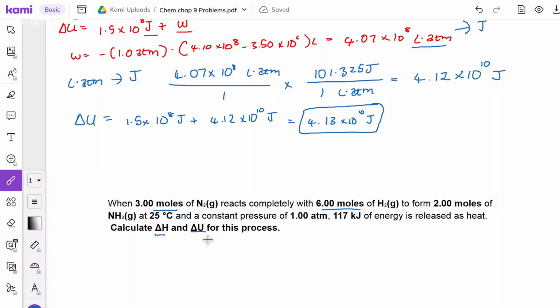Remember, the internal energy is Q plus W, and we have to find work. Earlier, in the other equation, we used the change in volume to find work. Since there's no volume given here, we're going to use the other formula, which is the change in the number of moles, since we're given the moles, to find the work.